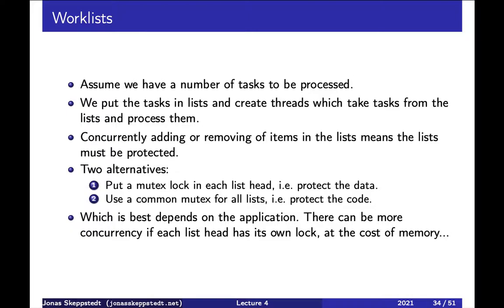Suppose we have a number of work lists, and then we can protect all of them with one lock. That means protecting the code, or we can protect each individual list, that means protecting the data. And which one is best depends on the application. By default, assume protecting the data is better. If that would cost too much memory, then you may think of something else.